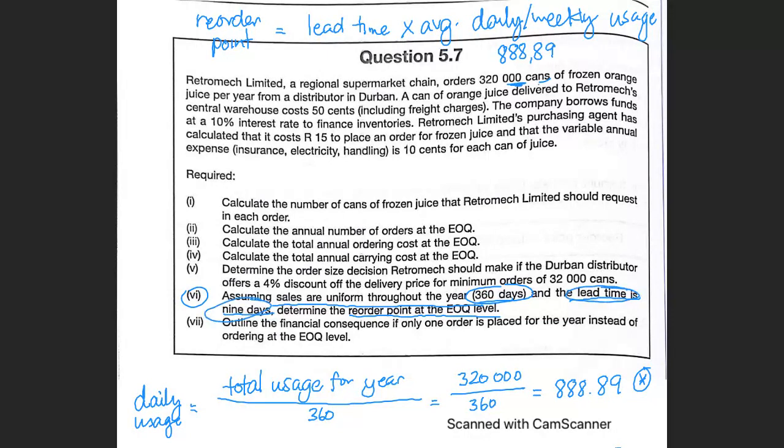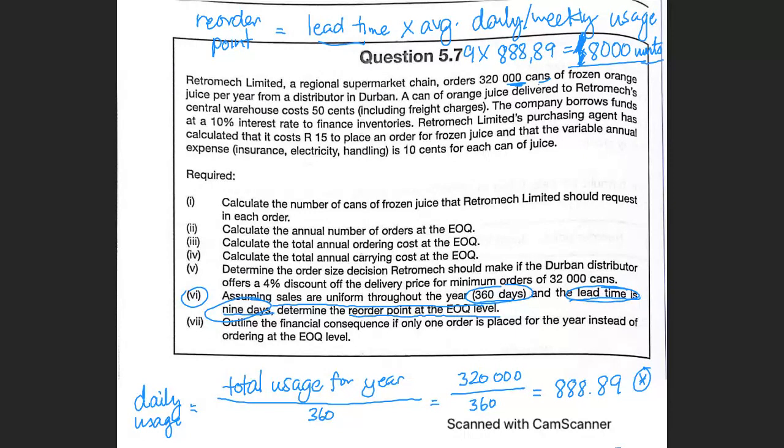So you would take the 9 days and multiply it by the 888.89, and that should give you roundabout 8,000. You can leave it as a whole number unless they specify otherwise. So it would give you 8,000, not rands, it's units. That would give you a reorder point of 8,000 units.